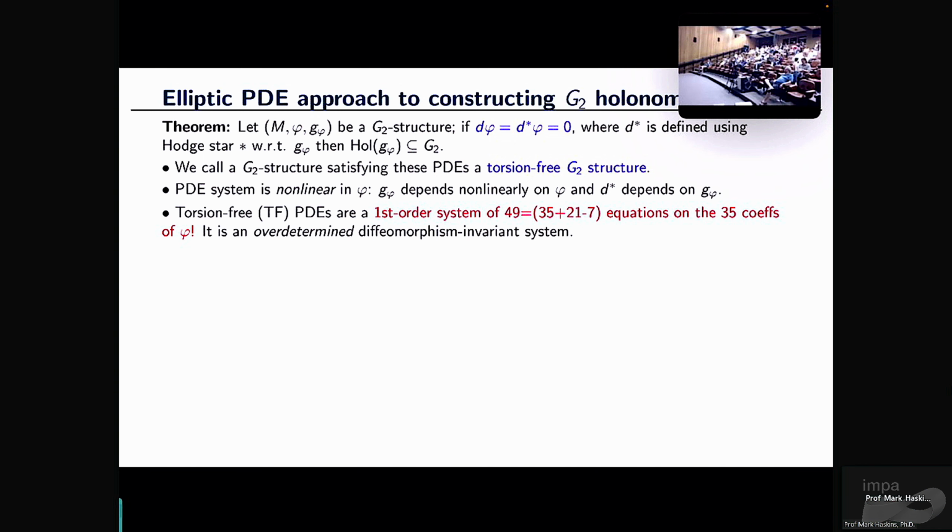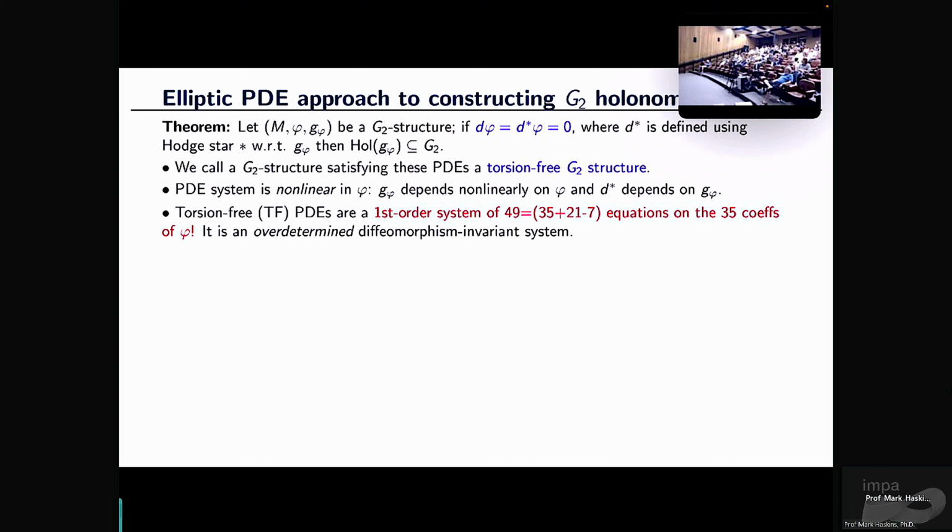So we end up with just 49 equations for 35 unknowns. In any case, it's an overdetermined diffeomorphism invariant system, and so it's not the kind of PDE that your analyst friends are likely to love.